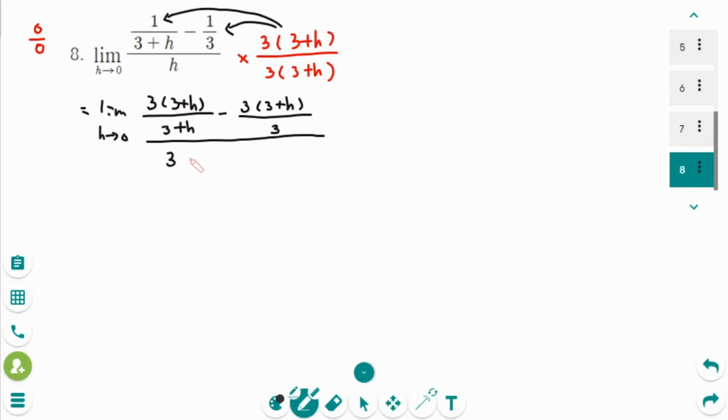So 3h times 3 plus h, and then 3 minus 3 plus h.